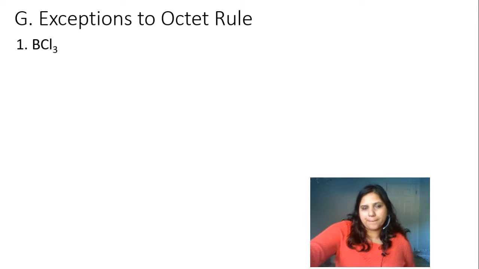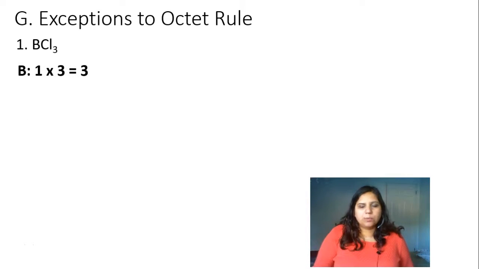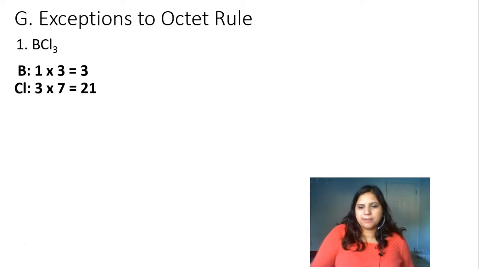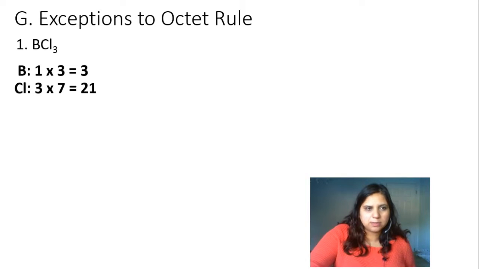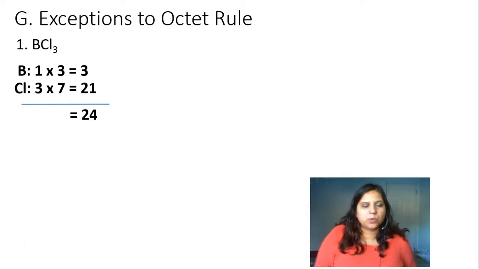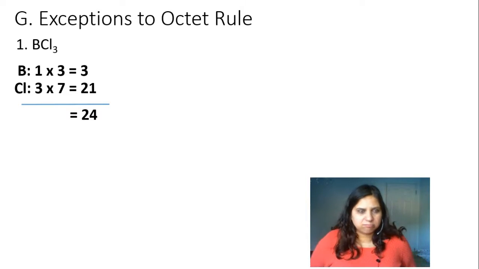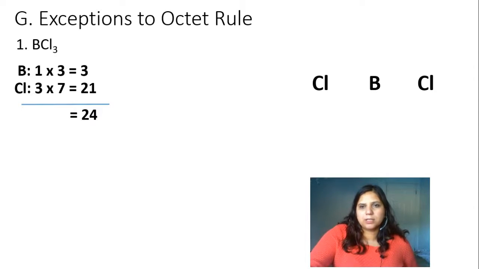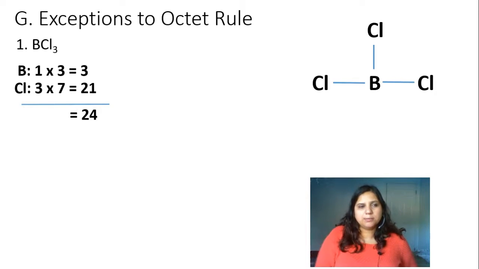First one, let's find out what kind of exception it is. This is BCl3. So boron with 3 valence electrons, chlorine with 7, 3 chlorines though, adds up to 24 valence electrons. So we'll put boron in the middle, chlorine on the outside, draw single bonds to the outside atoms.